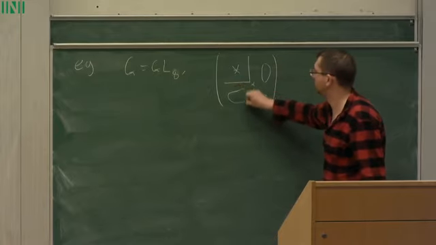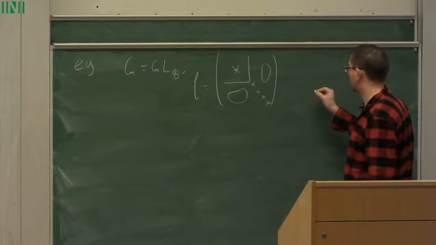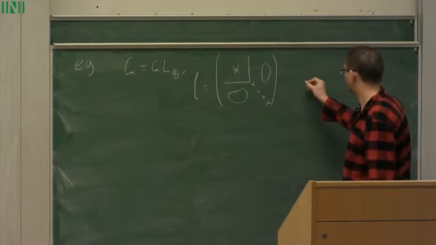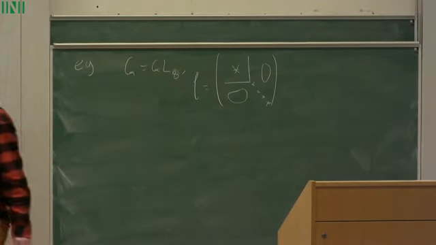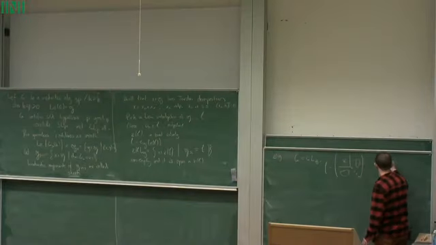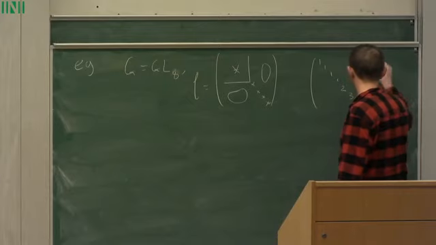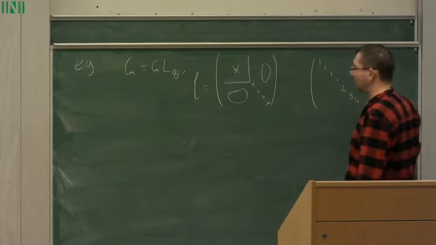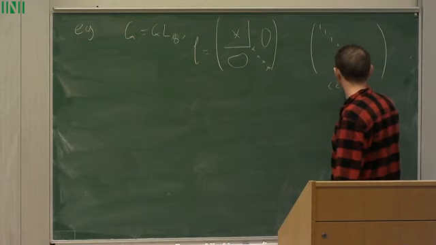So that's going to be my Levi. And what's an element in ZL reg? So I could take, let's put ones along the diagonal and then go 2, 3, 4, 5. That will be an element in ZL reg.